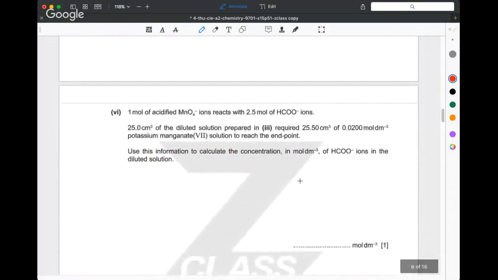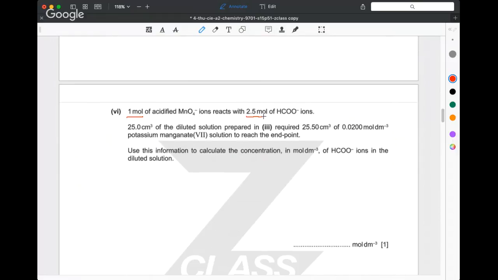All right, so the examiner is now being a little bit kinder to you because we had to work out the equation earlier on, and actually there was a stoichiometry, or a ratio of the number of moles, of 1 to 2.5. If we didn't work that out from the redox half equations, then we're getting told it now.